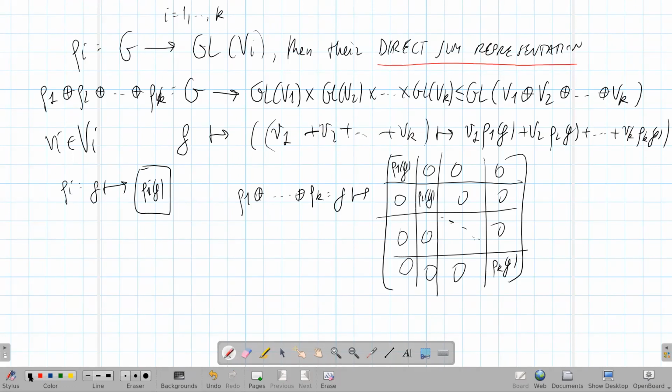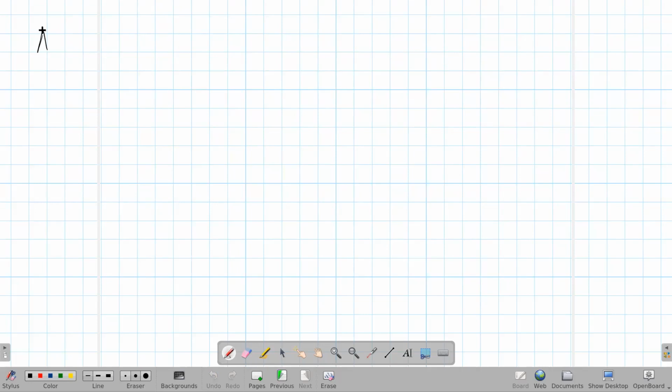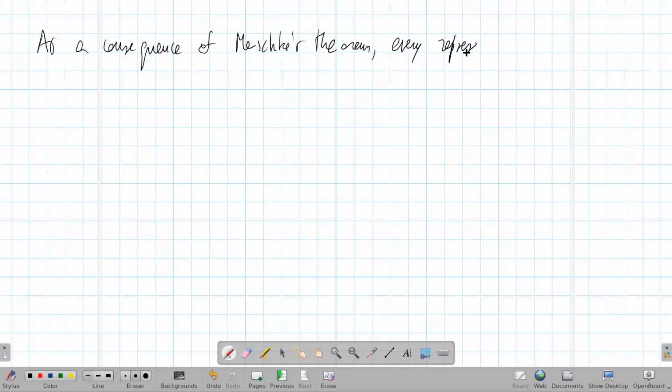And why is this important at this stage? Because as a consequence of Maschke's theorem, we have this important fact that every representation is the direct sum, in the sense that we just discussed, of irreducible ones.